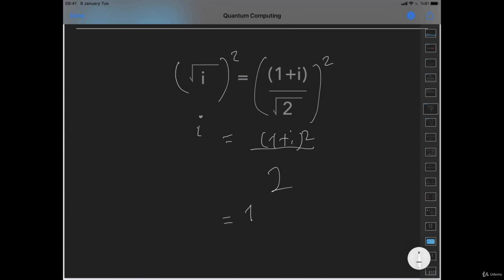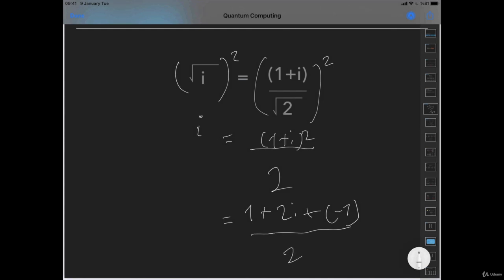Now, if you just do the calculation, you will just get 1, and then you get 2i, and then you get i squared, right? Because that is the last element over here. But i squared is equal to -1, right?